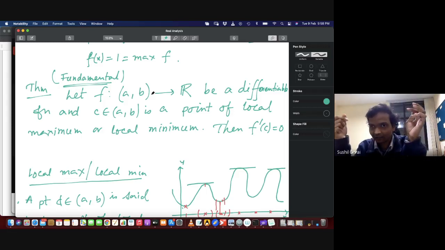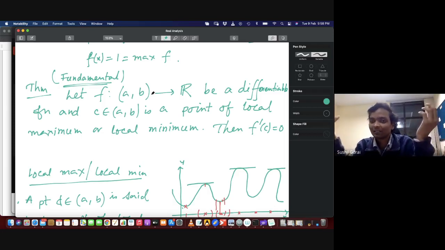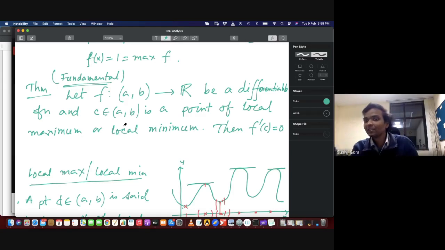At the end point, you know the behavior of the function. It is an increasing function, that's it. So then the endpoint will be the maximum, and in this case, of course, this theorem doesn't hold. And that point is not a point of maximum if you increase the interval a little bit.